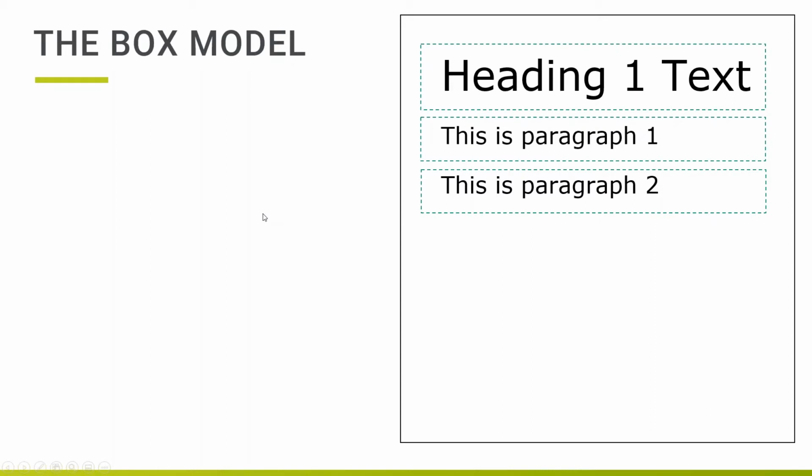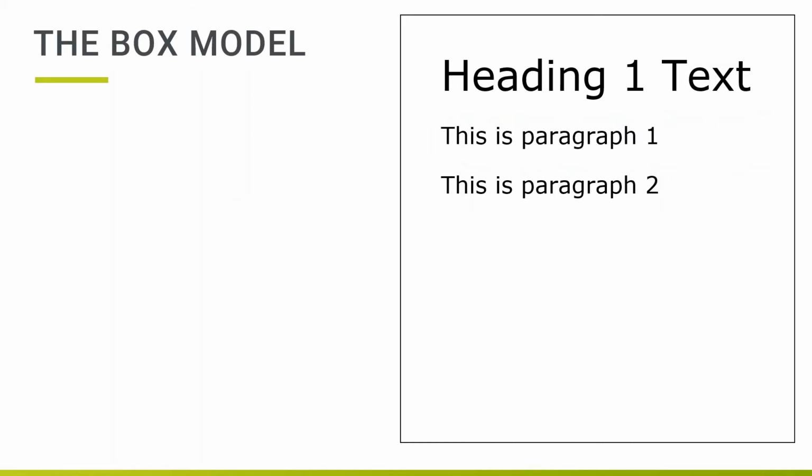One of the last things I want to talk about as far as theory goes, and this is the one that really drives people nuts, is the box model. Now, when you first load a page, like you see on the right, as humans, we see a heading 1 and 2 paragraphs.